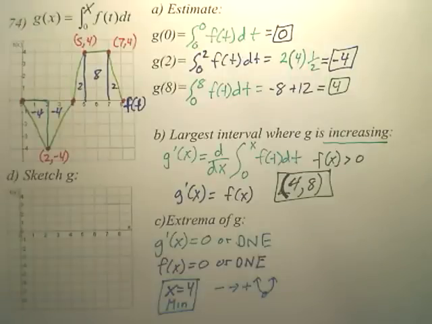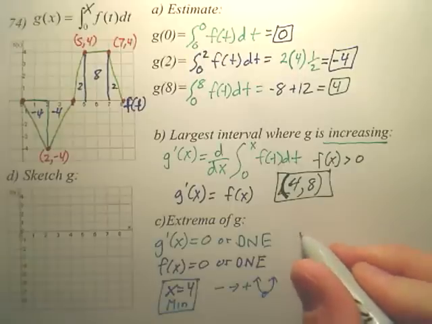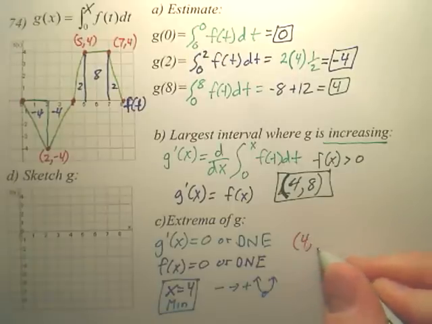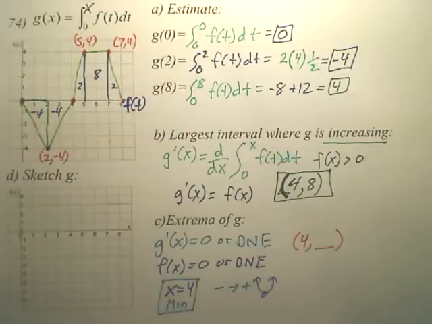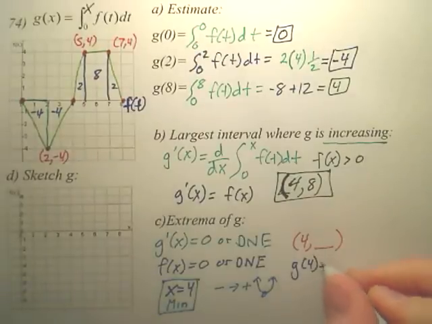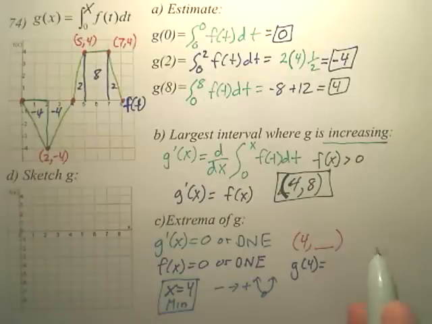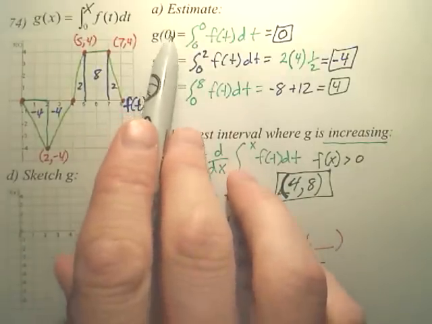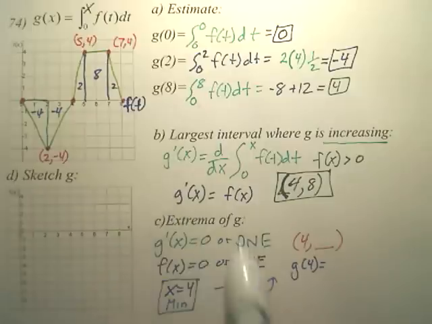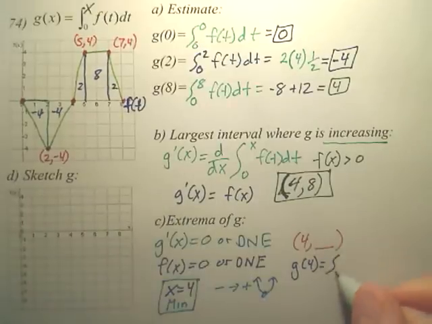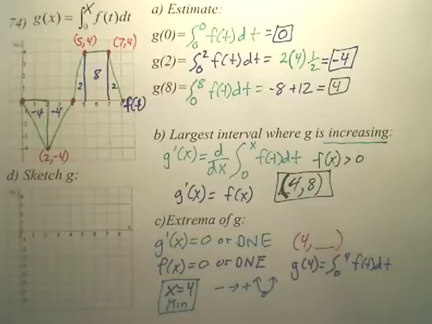Now could I actually find that coordinate? Yeah. If I want to find that coordinate, it'd be 4 comma, how do you find that? Well, I need to find g of 4. Correct? Didn't we do g of numbers right here? So I'm going to basically take the integral from 0 to 4 of f of t dt.